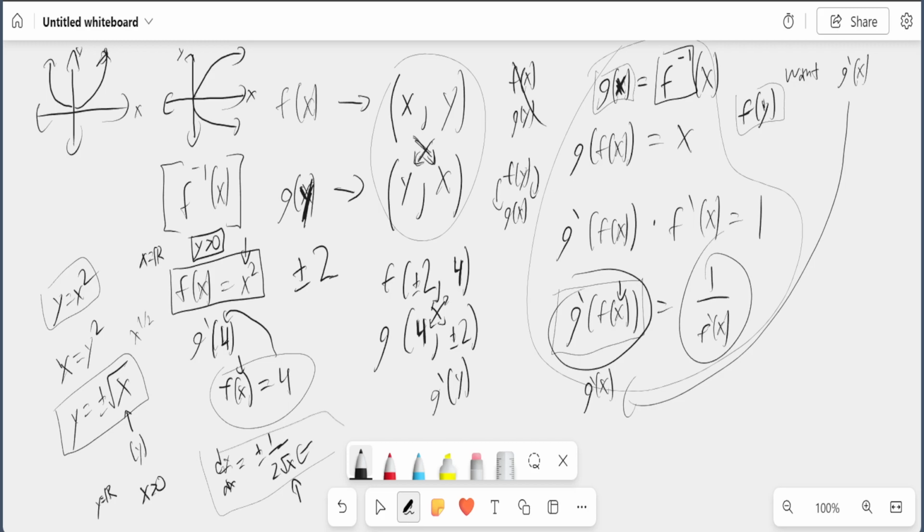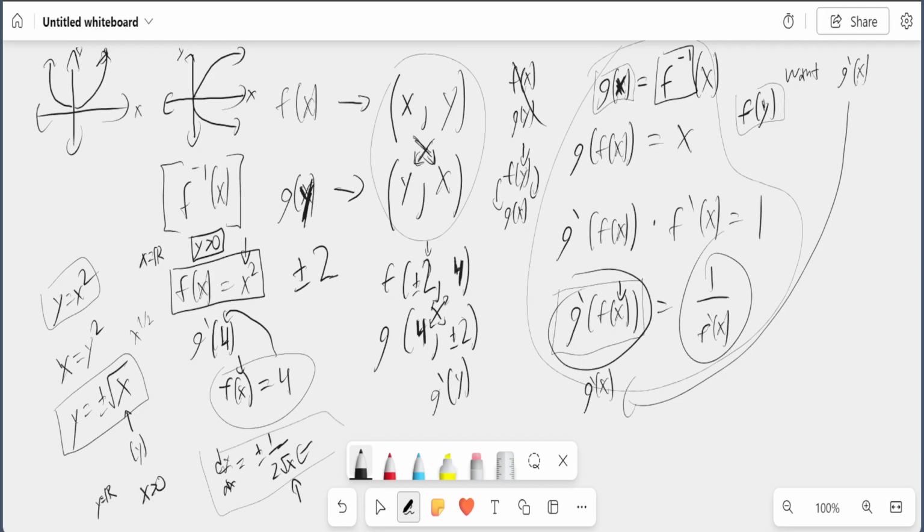So that was all to say, if f is a function of y, then if we plug in plus or minus 2 on our original function f, the output will be the input of our inverse function, and our output on our original function will be our input. So we had 4 here, and we want to plug in 4 into our g function.